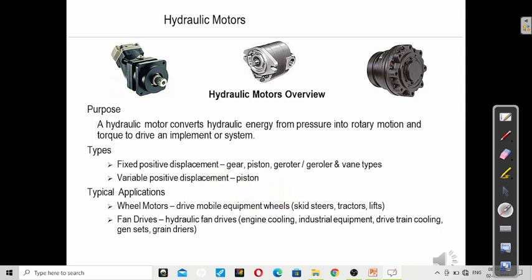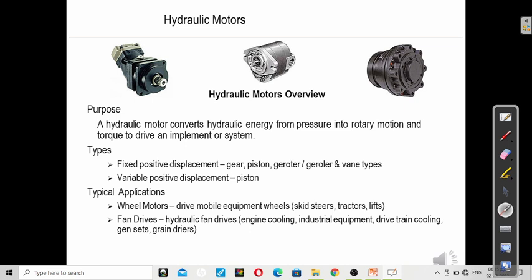In the application of this motor, wheel motors drive mobile equipment wheels, such as skid steers and lifts. In lifts we use these wheel motors, and also fan drives, hydraulic fan drives, which are used to cool engines and for some industrial needs.